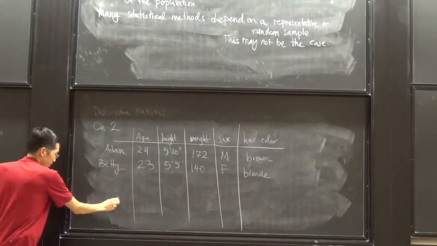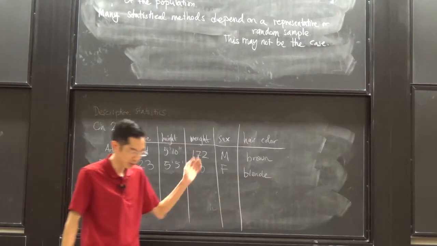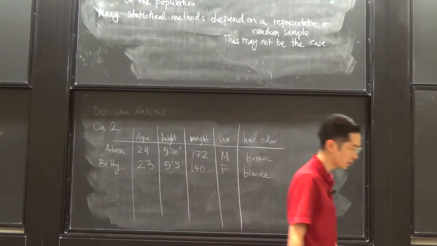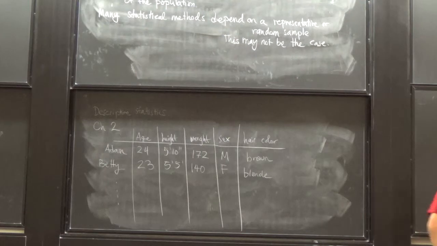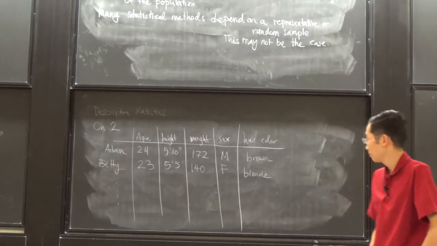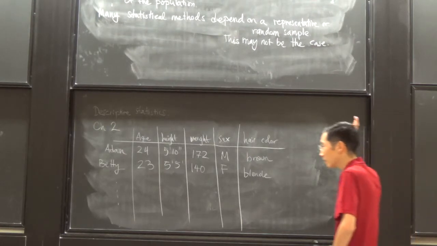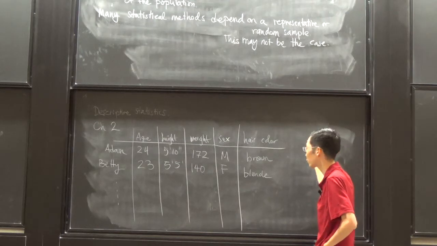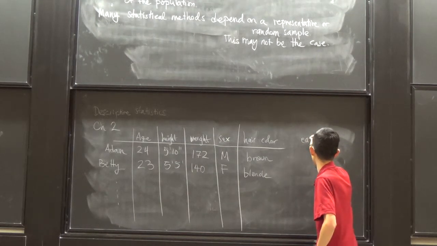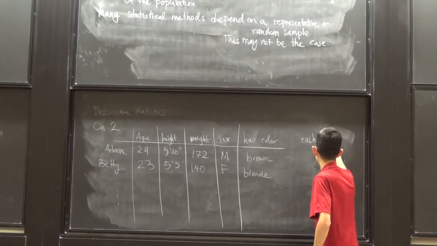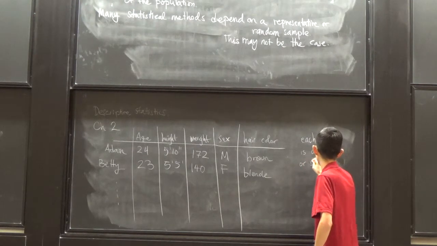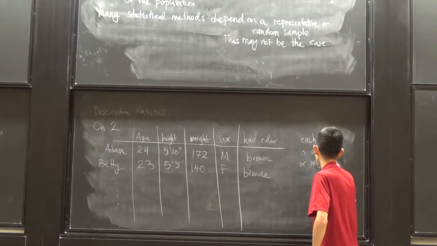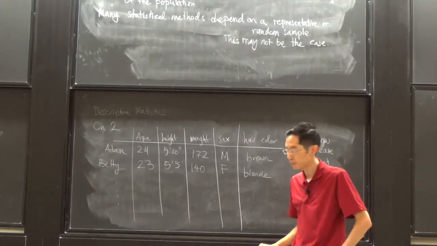Okay, so here I just have 2 entries in my data table, but maybe we've gathered data from everybody, and so I might have 40 lines or something. Okay, so in our table, each row is a case or a subject. And each column is a variable.